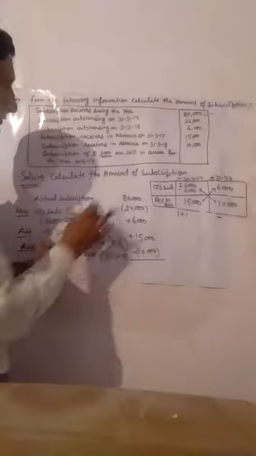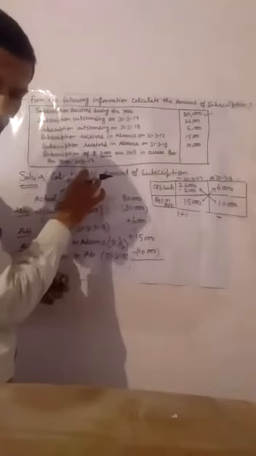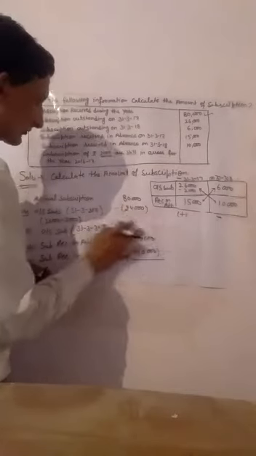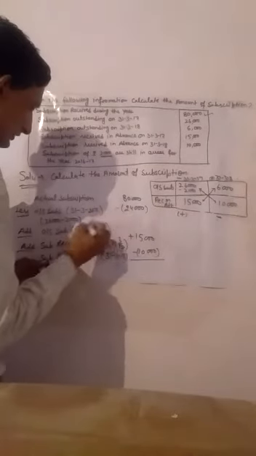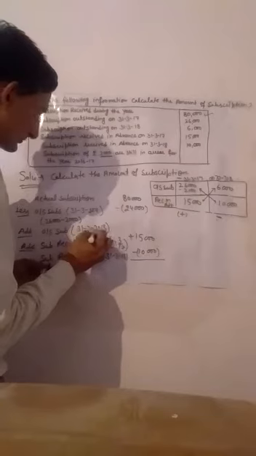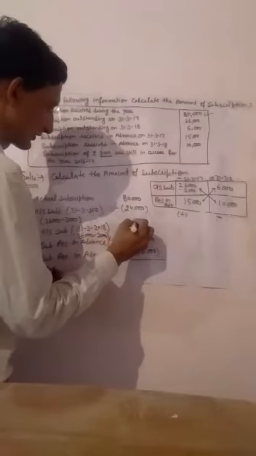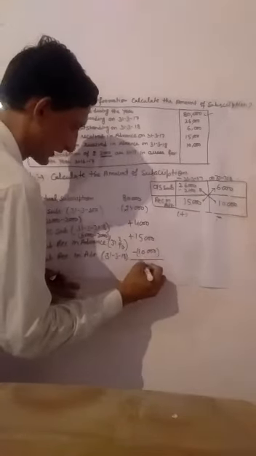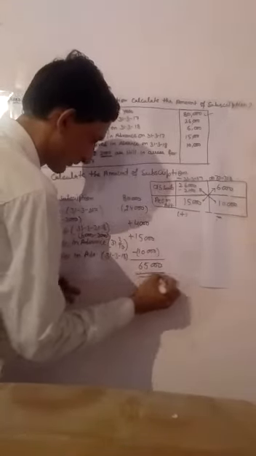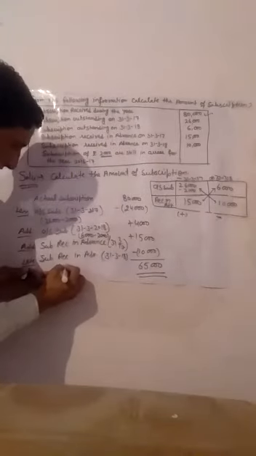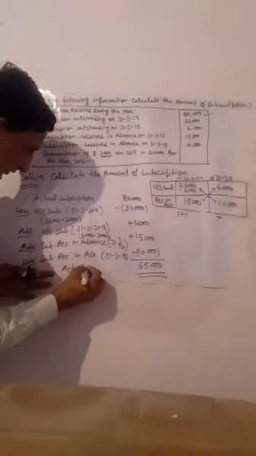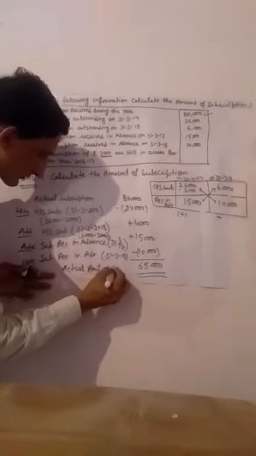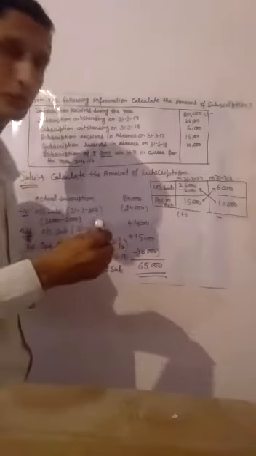Sorry, outstanding subscription still in arrears for 2016-17, that will be less there also. So that is 6,000 minus 2,000, that is 4,000. That's going to be plus, and lastly the outcome is 65,000. That is the actual amount of subscription. I hope you understand very well.